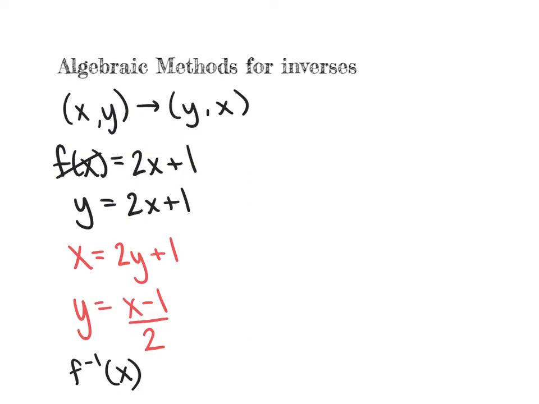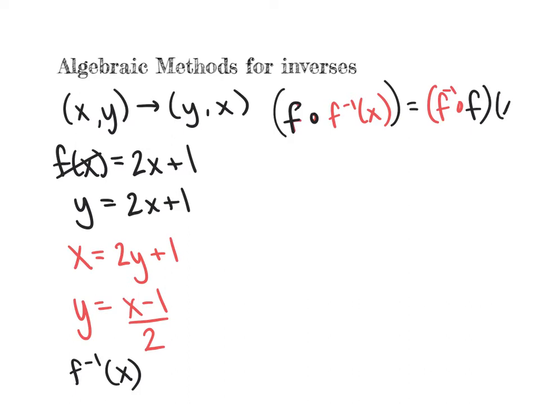But a special case of that is the inverse function, where in the inverse, f of f inverse of x is actually equal to f inverse of f of x.